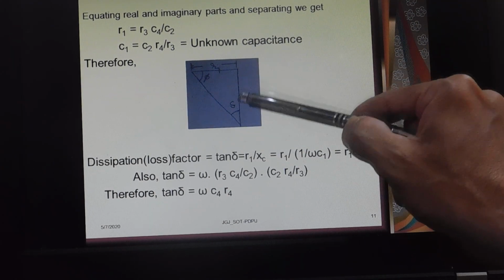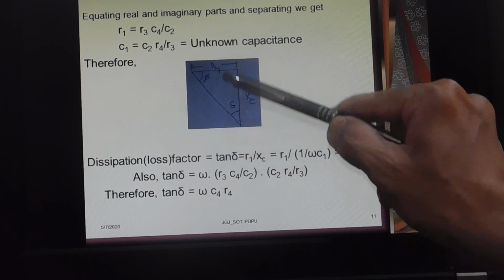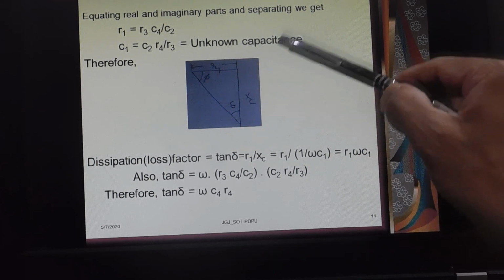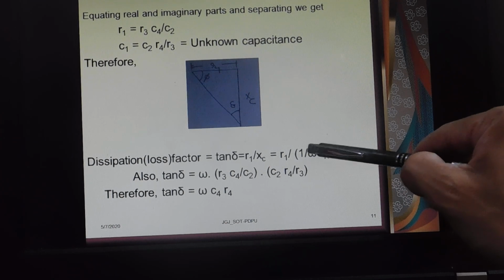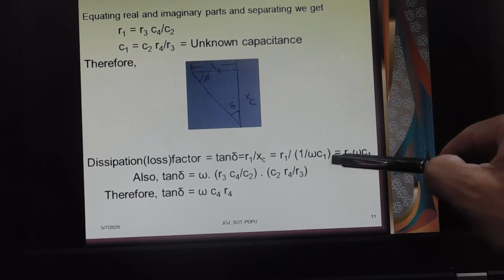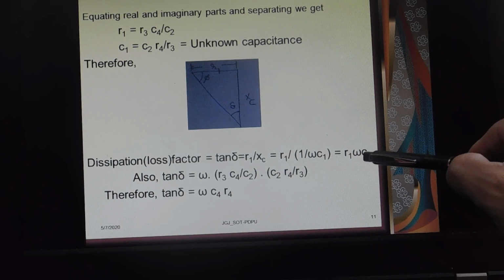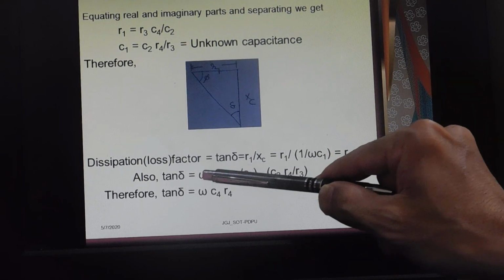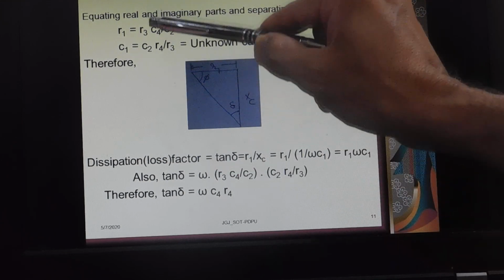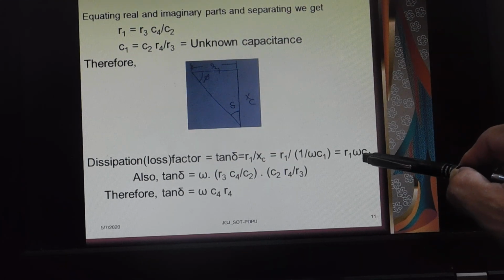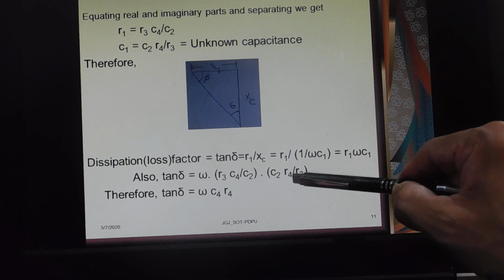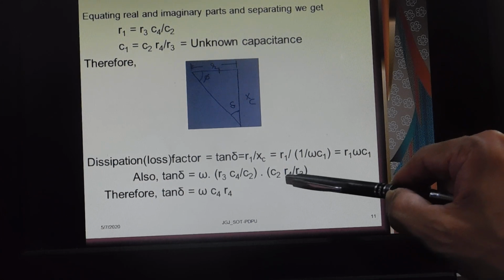So from this figure you can see tan delta is equal to R1 upon Xc, that is R1 upon 1 upon omega C1, and therefore tan delta is equal to omega R1 C1, where omega is equal to 2 pi f, f is the frequency. And also, if we put the values of R1 and C1 in this equation, we will get the value of tan delta in terms of what?